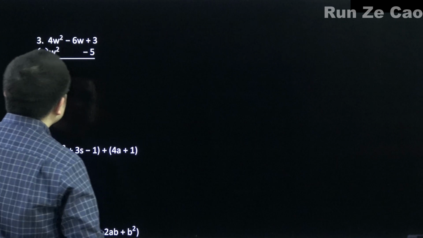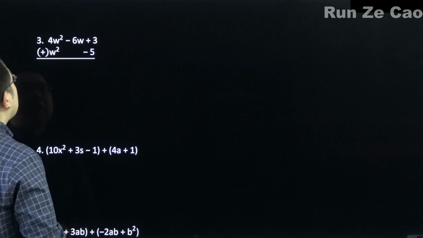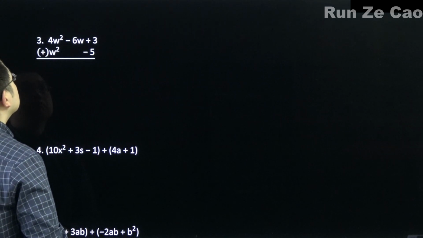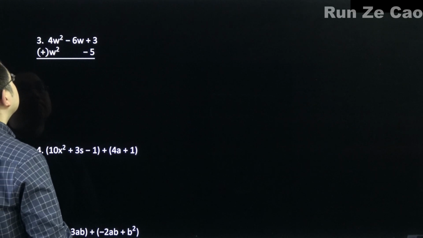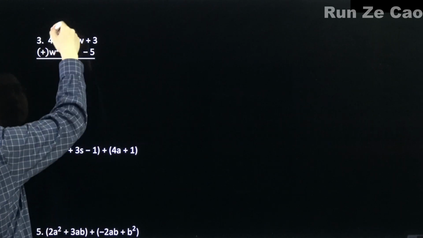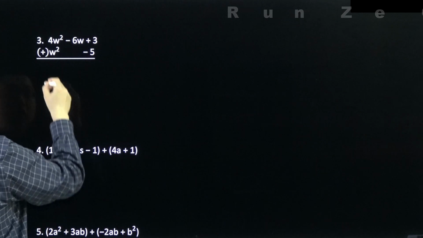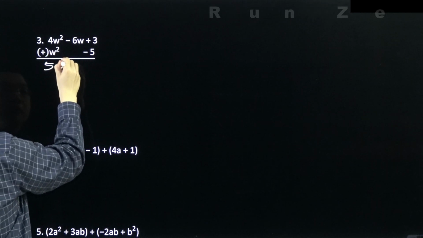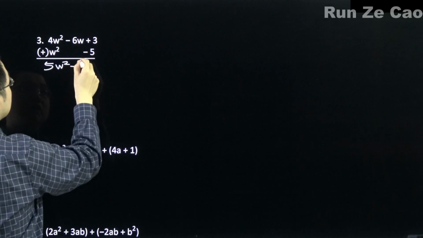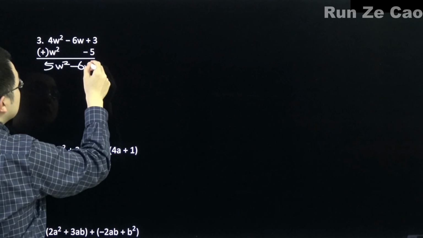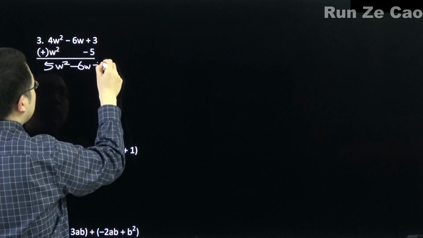I, for one, am not an enthusiast, to put it mildly. Okay, so anyway, 4w squared plus w squared gives you 5w squared, and then negative 6w, no change, and plus 3 minus 5, so minus 2.